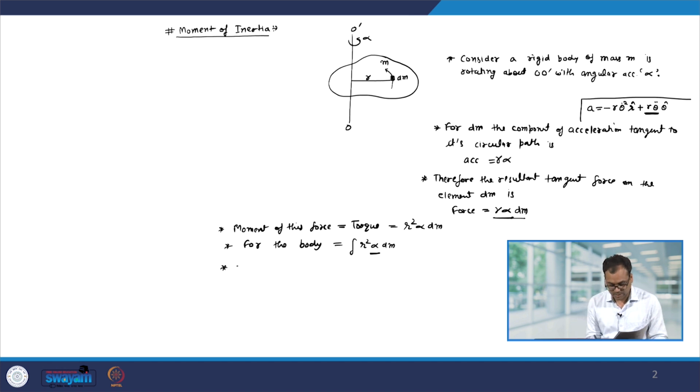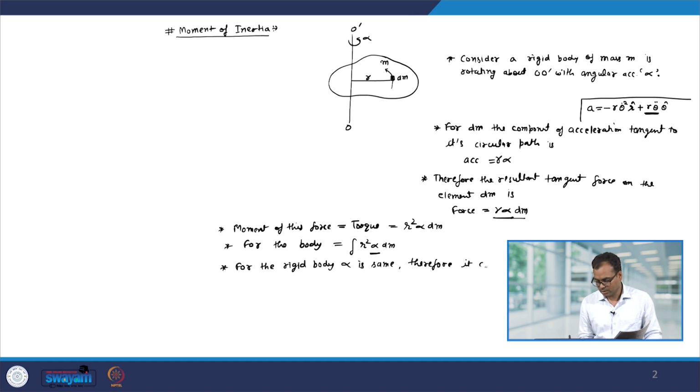So, for the rigid body, this alpha is same, therefore it can be taken outside the integral and we can write down the moment for the body, let me denote it by tau, equal to alpha integral r square dm.